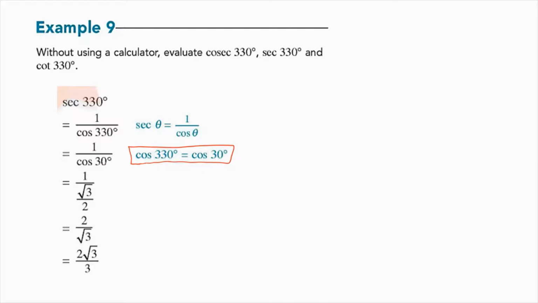So what is cosine 330? Cosine 30 degrees, we learned earlier, is square root 3 over 2. So substitute this in and we will be able to simplify and get this answer.